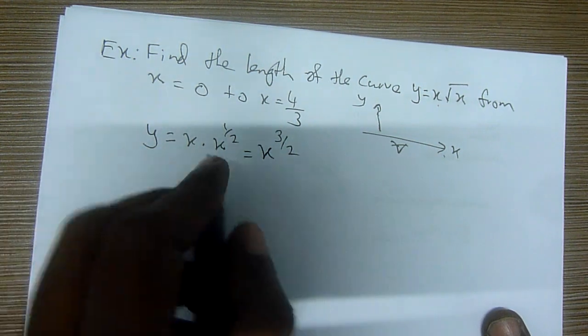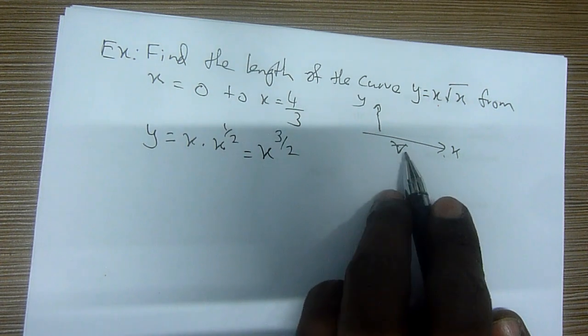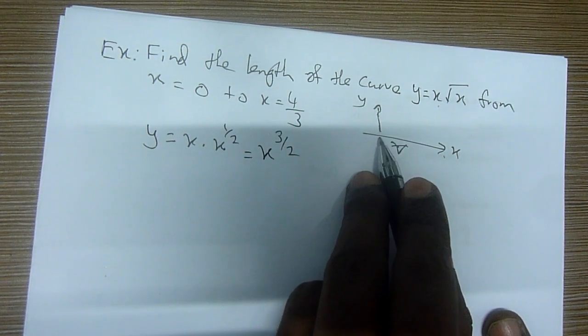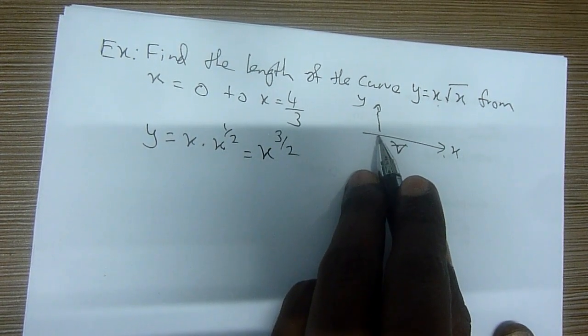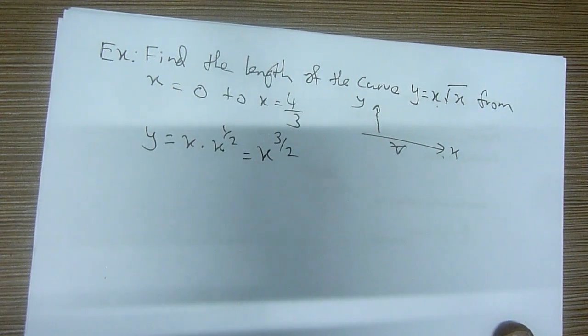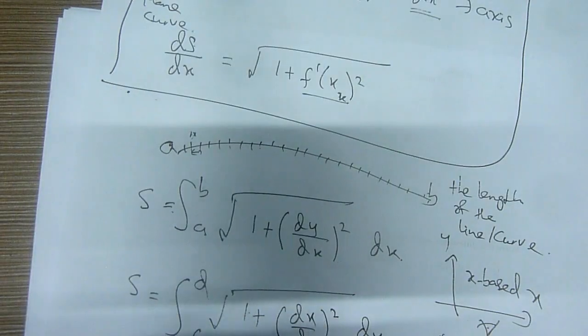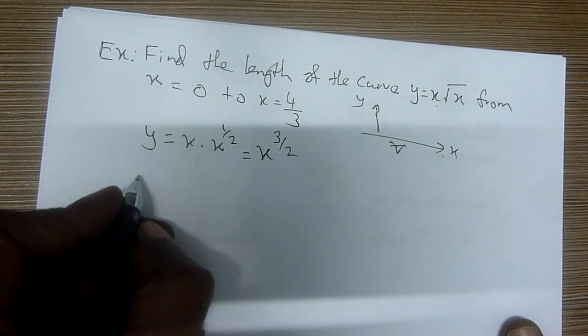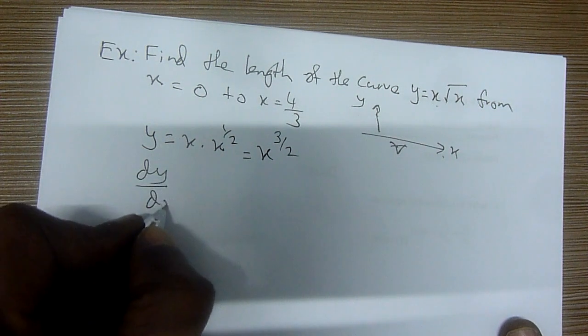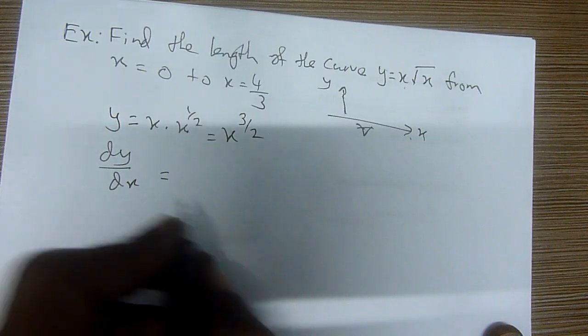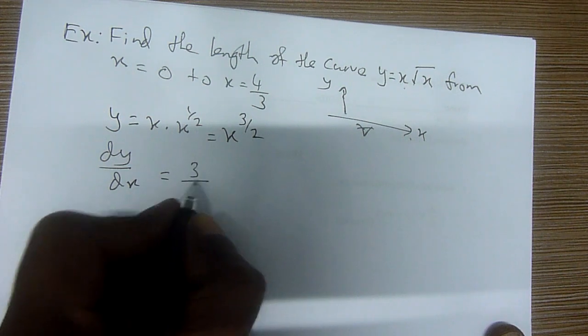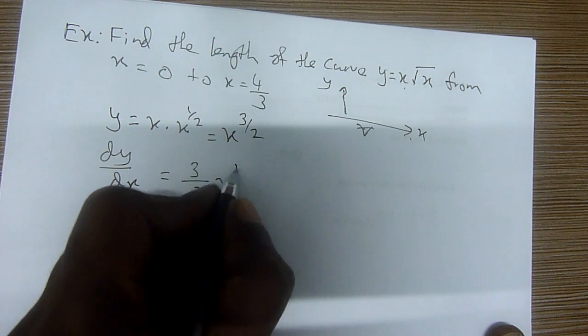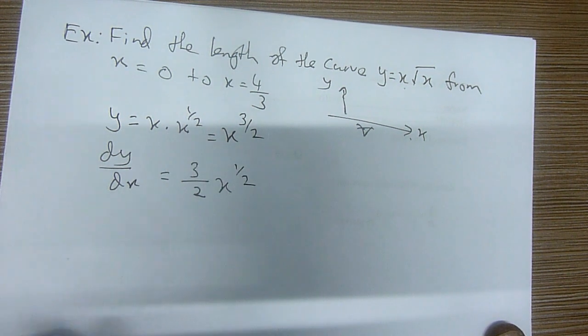And can I find out? Because we are using dy/dx, right? Therefore the formula that we are referring to is this one, right? Okay, we are interested in this formula. Therefore, as is very obvious, dy/dx can be calculated, and you will get 3/4 times x to the power 1/2, right?